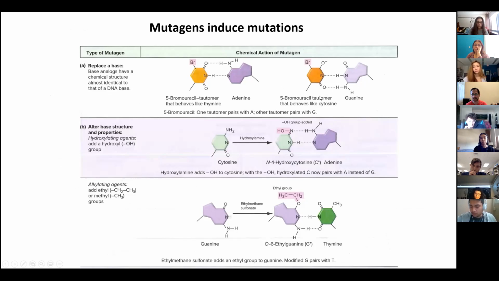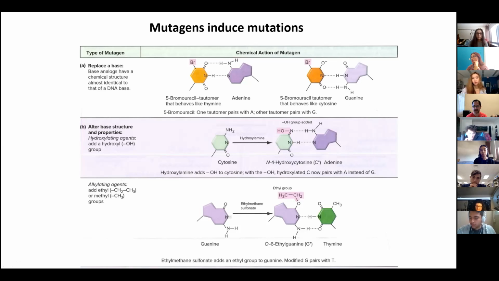If they are present during replication stages, they can interfere with DNA replication and give rise to abnormal replication and the introduction of different nucleotides, and therefore mutations.